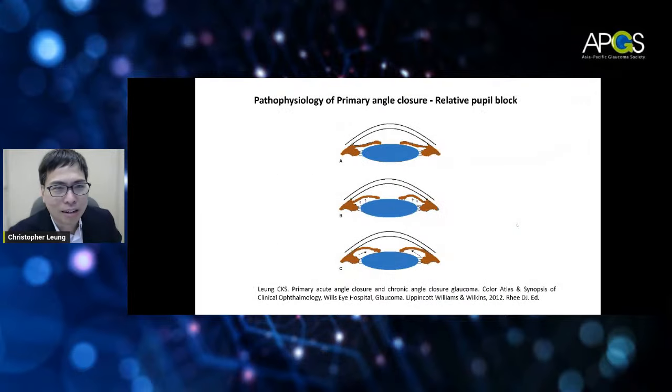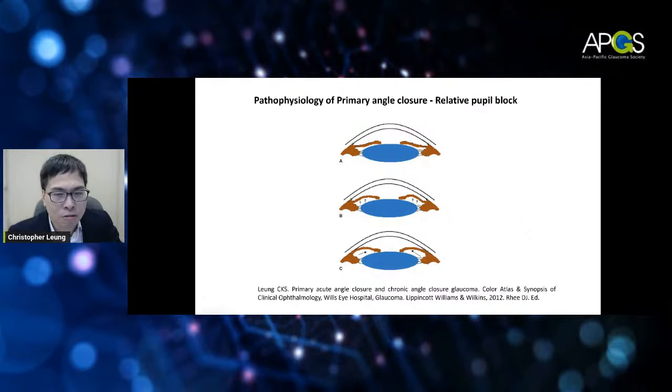So now, why do we need to perform LPI? The very reason here is the fundamental pathophysiology of angle closure. We know that the anatomical key element we're looking at here is relative pupil block.